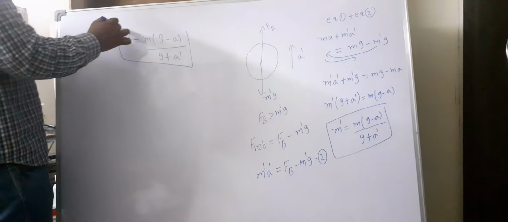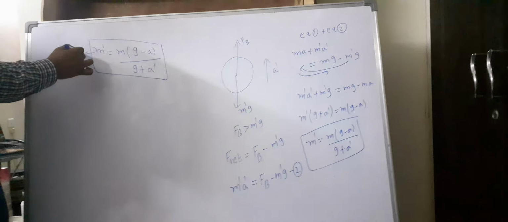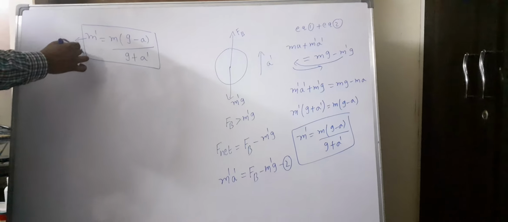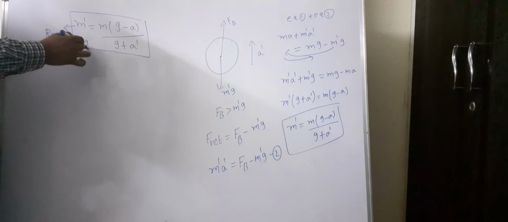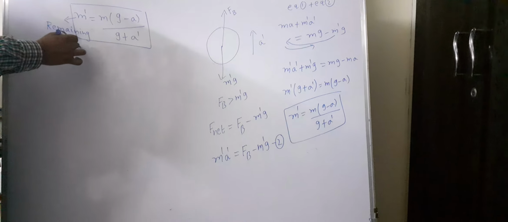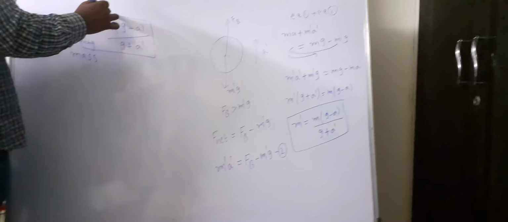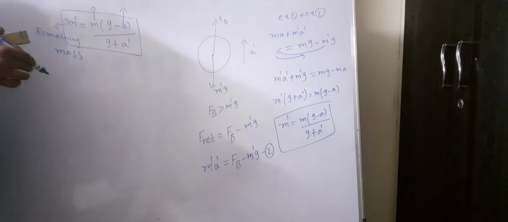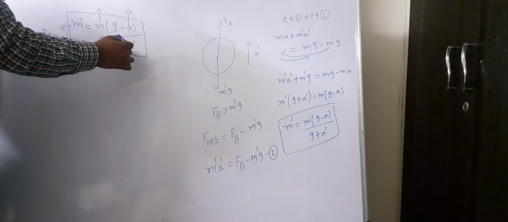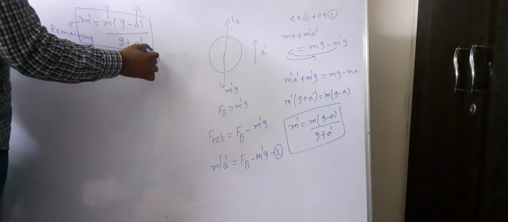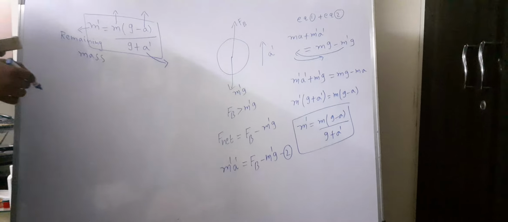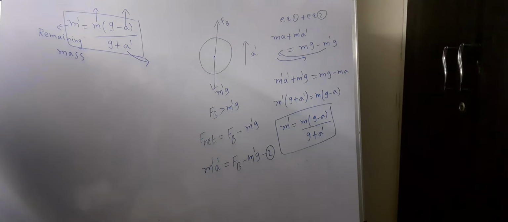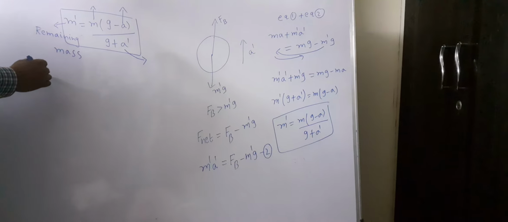In the situation, m dash is called the remaining mass. This is called the final mass of the balloon. Here, m is called the initial mass, a is called the initial acceleration. After removing the mass, a dash is the new acceleration of the balloon. Okay? This is the remaining mass.